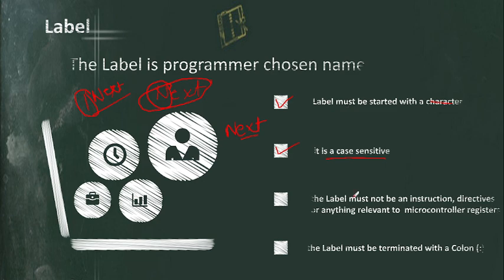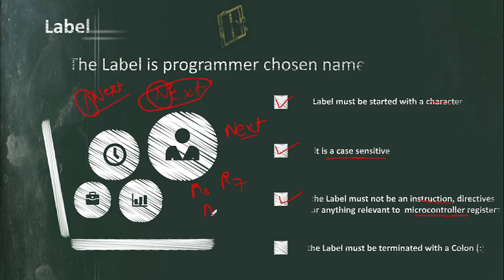Then the third point is, you cannot make use of instructions or directives or anything which is relevant to the microcontroller registers. This is very important. Once you read the architecture, we know that R0 to R7 are the registers. You cannot make use of these registers as labels. For example, say MOV.